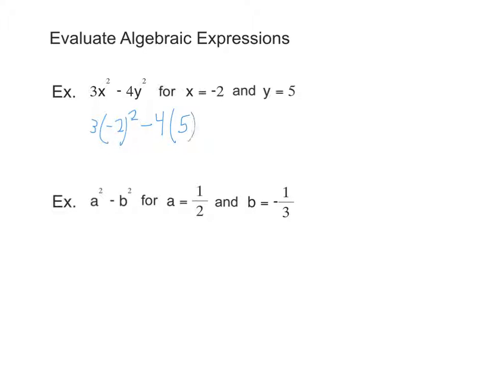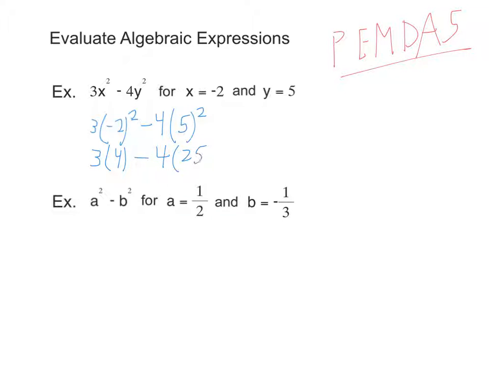Y is 5. This is going to give some good practice on order of operations. I don't have any parentheses, so I'm going to go right to exponents and evaluate those. Negative 2 squared is 4. 5 squared is 25.